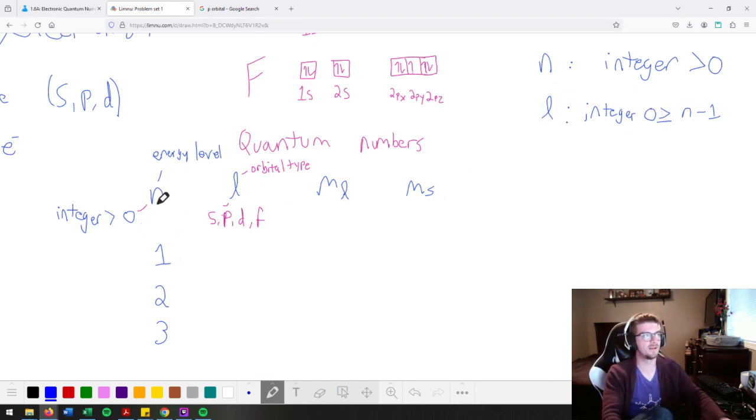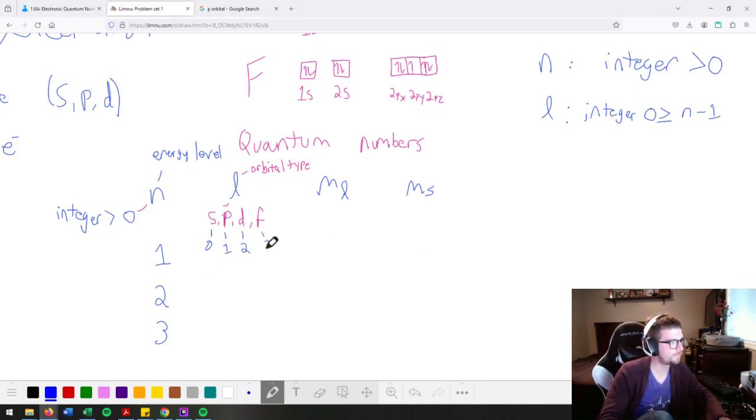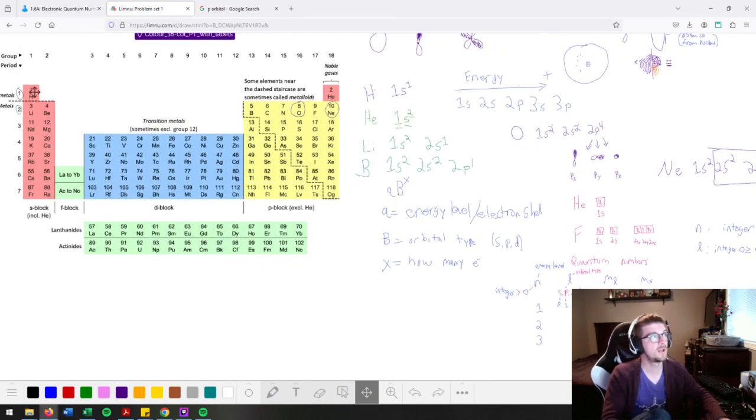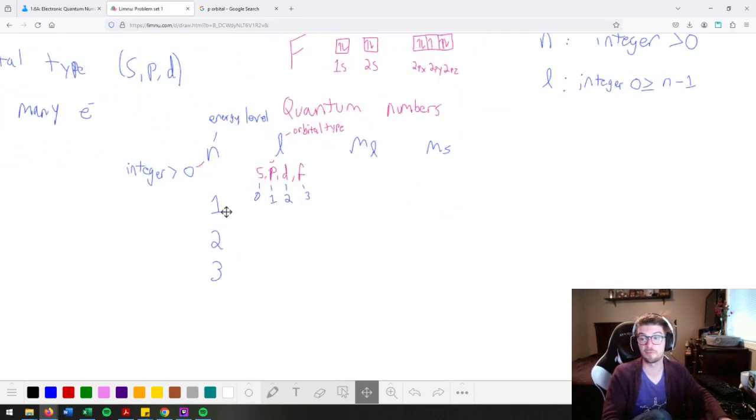So in the first energy level, l can only equal 0, which means it can only correspond to an s orbital, which is why when we're filling up orbitals, we fill up the 1s orbital, and then we have to go to the next energy level, because the only orbital that energy level 1 can contain is an s orbital.